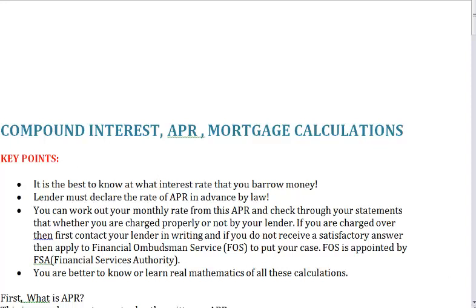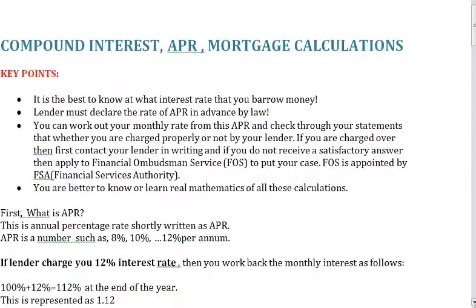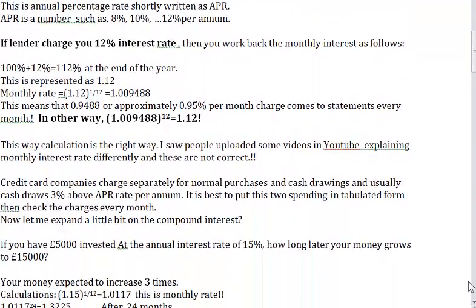Let's go into the mathematics of these calculations. If you go a little bit further down, just one second. What is APR? APR is the annual percentage rate, a number like 8%, 10%, 12%, some 3%, 4%, whatever.